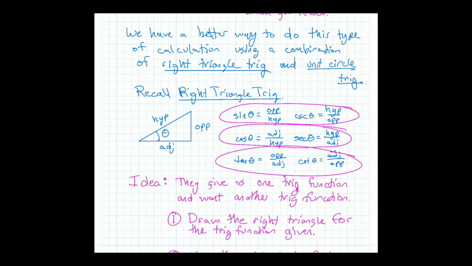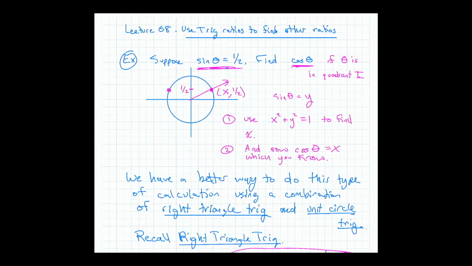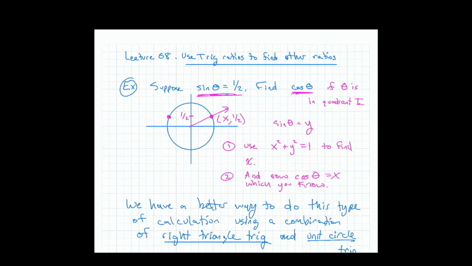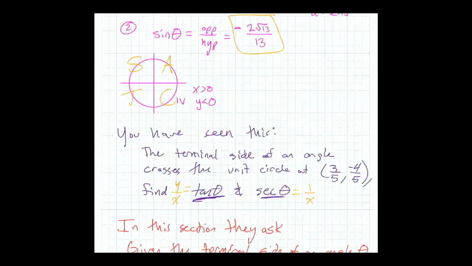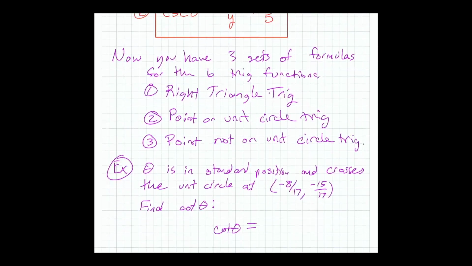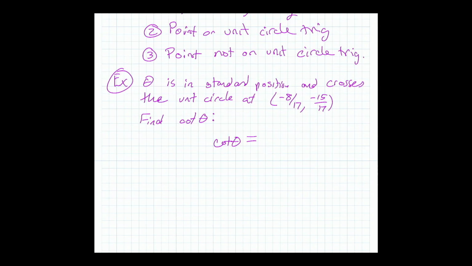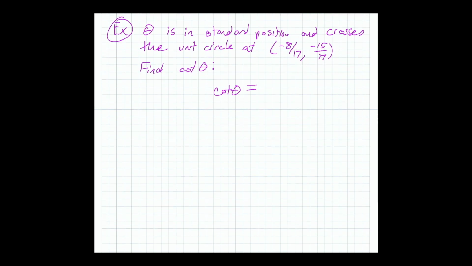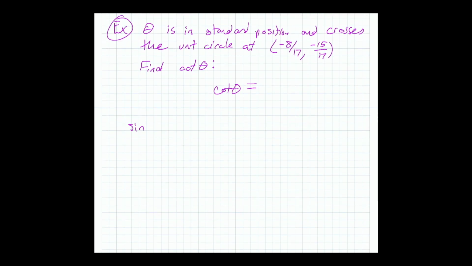We could use this set of formulas. This set of formulas is for when you have a right triangle. But we don't have a right triangle, we have a point. Uh-oh, we don't have the formulas here. So we need the first set here, right? No, second set, point on the unit circle.